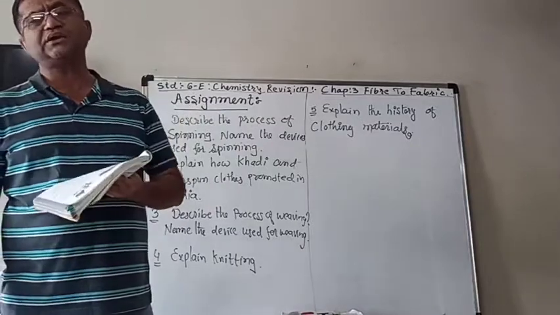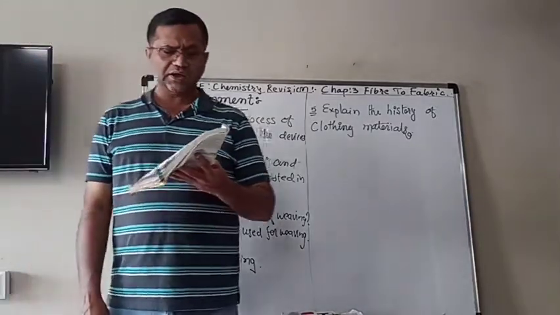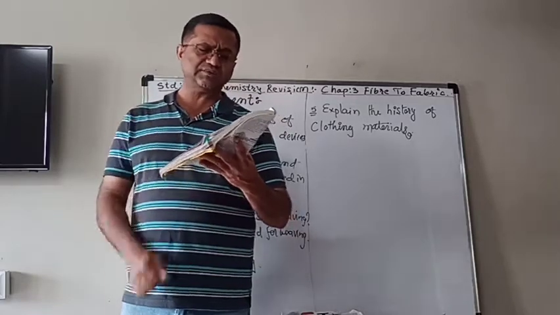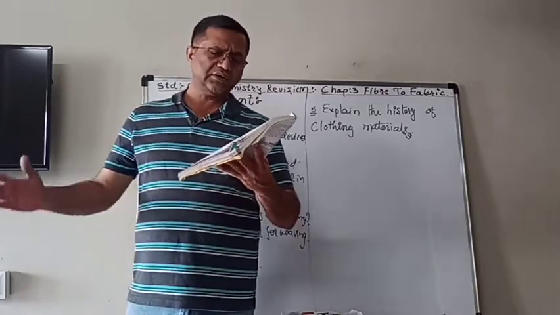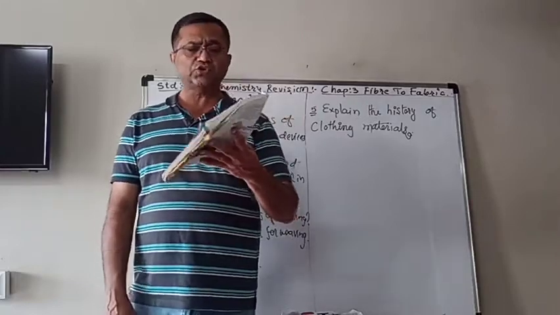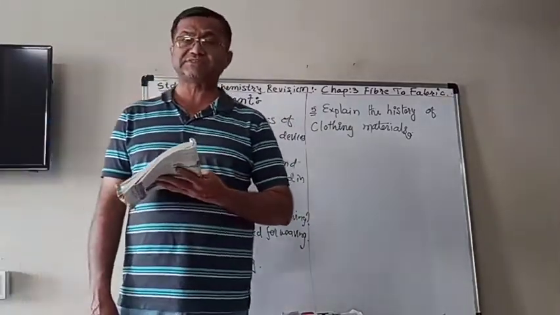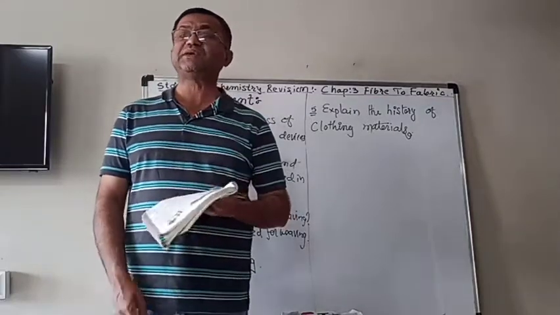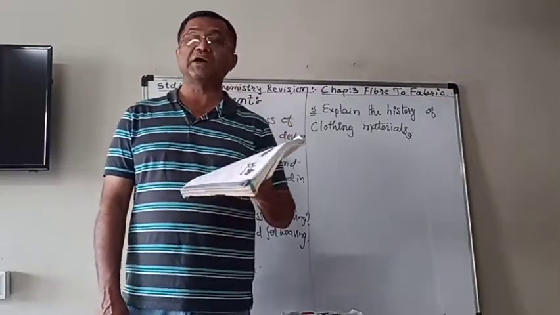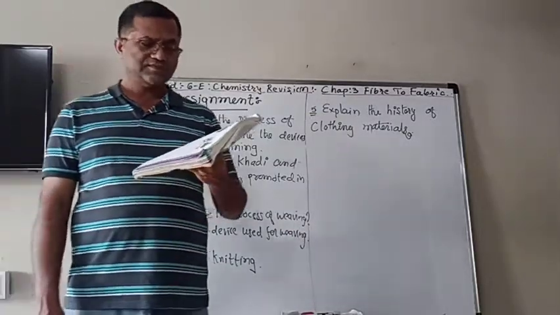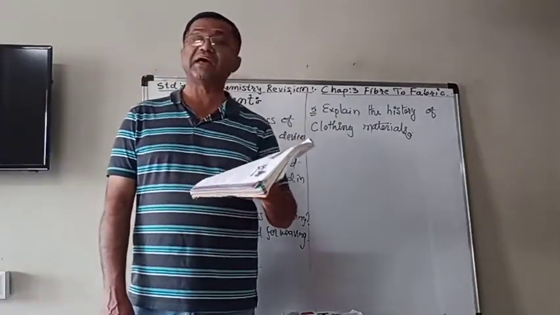In this spinning process, the cotton fibers are drawn out and twisted, and they come together to form a yarn. A simple device used for spinning is called a spindle, also known as takli.